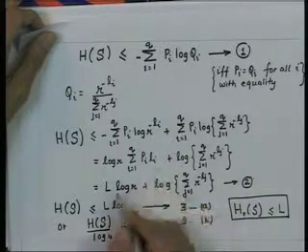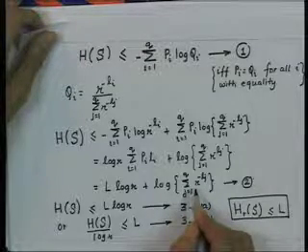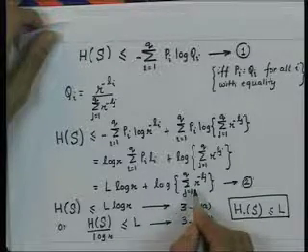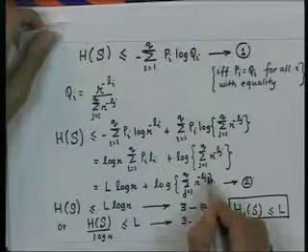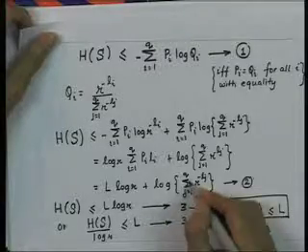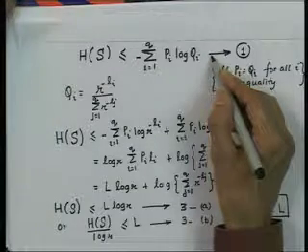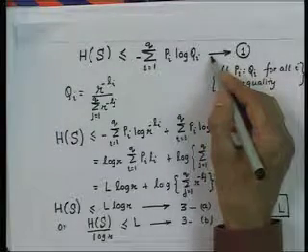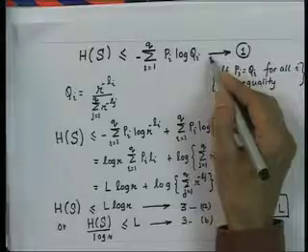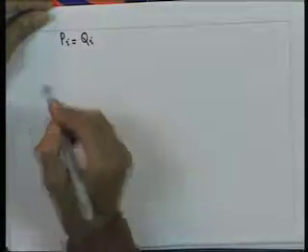So, in this equation, a necessary condition for the equality rather than the inequality is that this term out here should be equal to 1. And then retracing our steps to this equation, we see that a necessary and sufficient condition for equality is P_i should be equal to Q_i for all i.